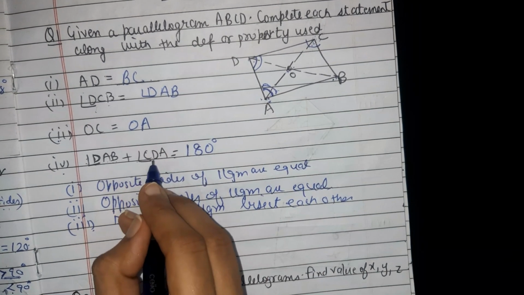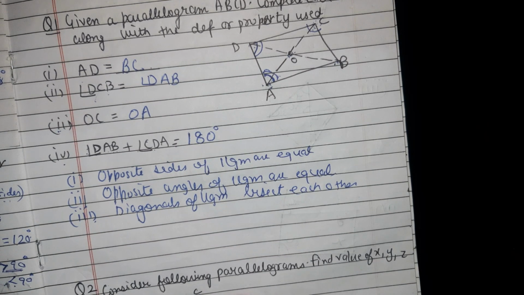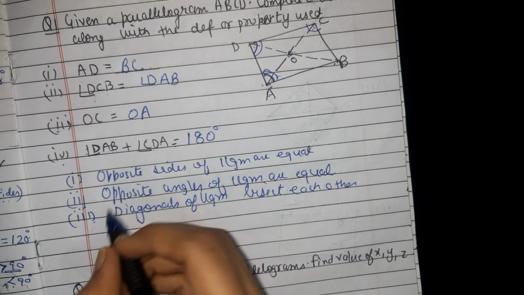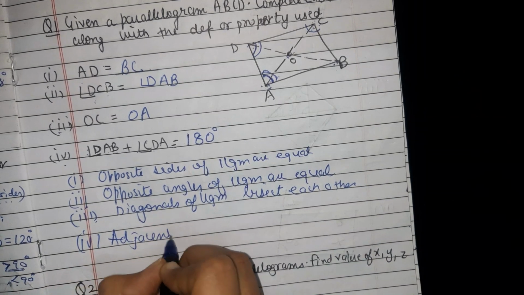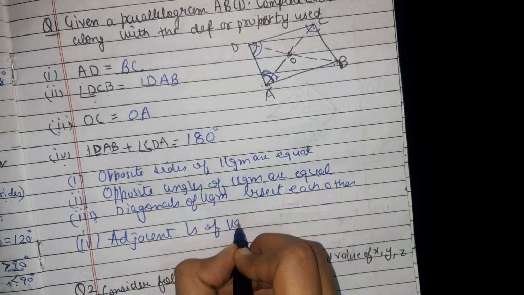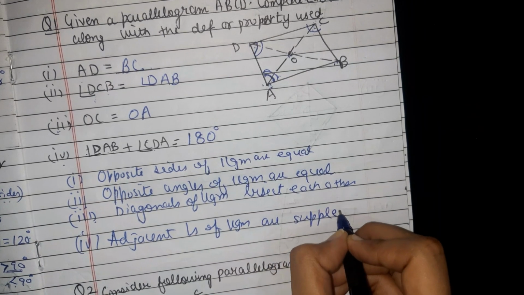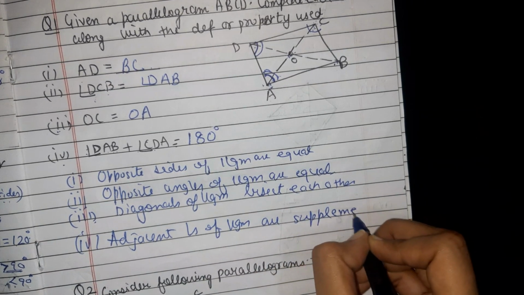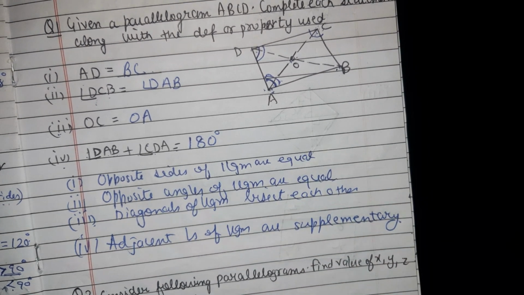Angle DAB plus angle CDA is equal to 180 degrees. Why? We have discussed that the adjacent angles of the parallelogram are supplementary. That is, they add up to 180 degrees. So this is question number 1.